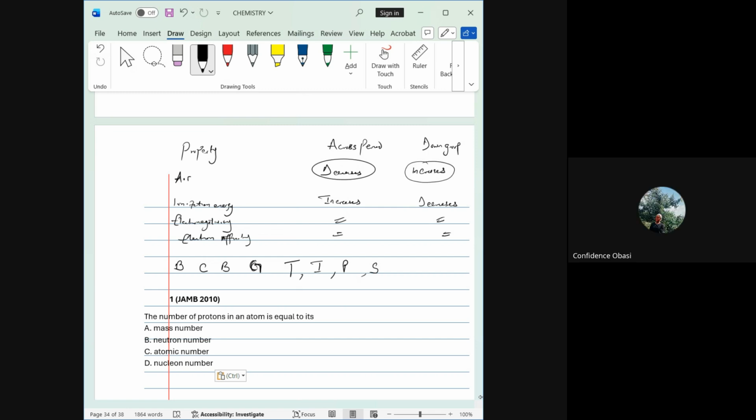But the answer is C. Yes. Very good. The number of protons in an atom is equal to its atomic number. You're right. Do you remember the formula for the mass number?